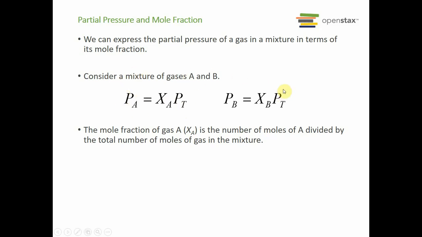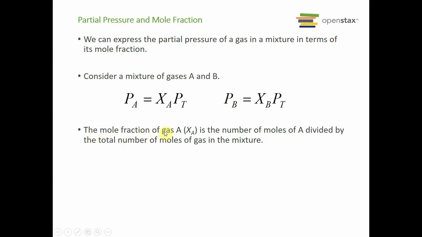And similarly, nitrogen is at 80%. So 0.8 times the 15 psi would give 12 pounds per square inch for the partial pressure of nitrogen in our atmosphere.